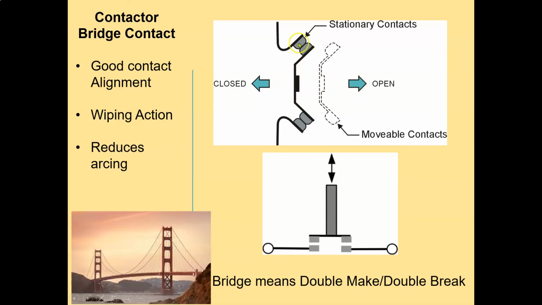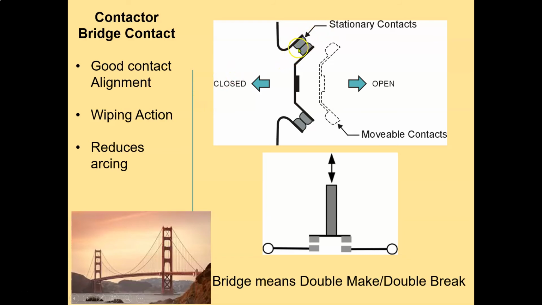We have our stationary contacts on either side, and we have our movable contacts. When these contacts open and close, it's called a wiping action, and the wiping action can help clean off debris, carbon, whatever's been built up on these contacts to make a nice clean contact. So we're going to reduce heat, reduce arcing, etc. Bridge contacts are great for that.